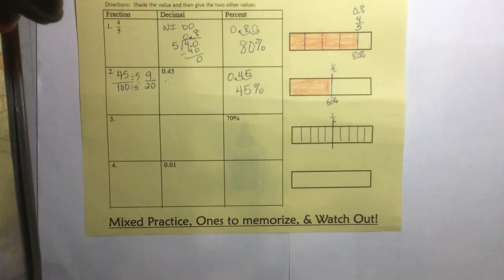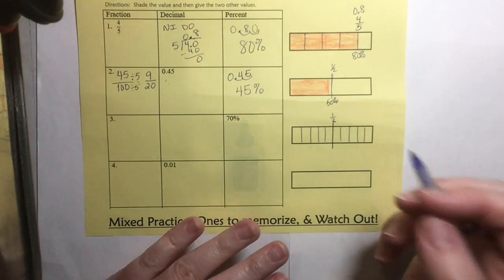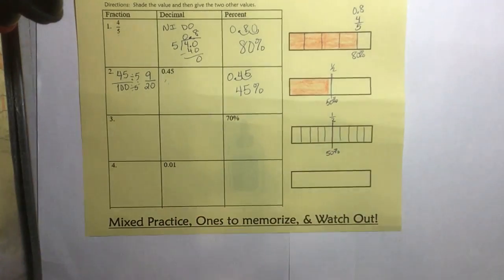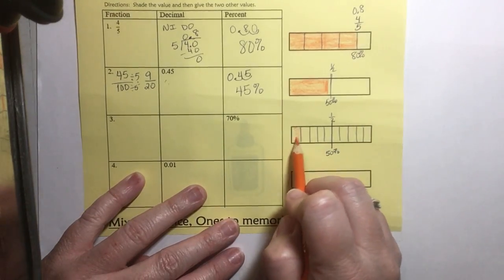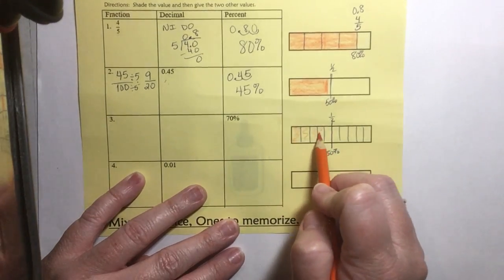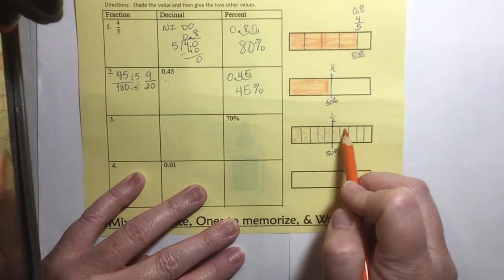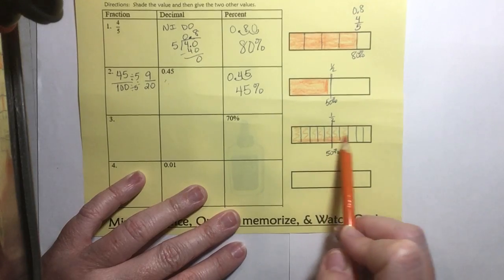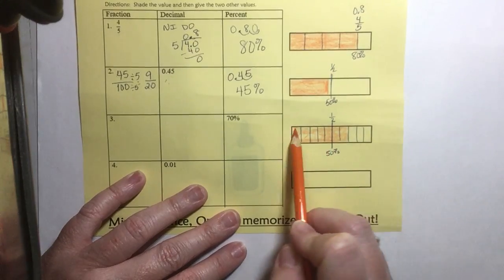It gives you a little bit more precision than just drawing lines. Okay? All right, so 70%. So that means 10, 20, 30, 40, 50, 60, 70. So that's 70%. Okay? All right, now pause the video.